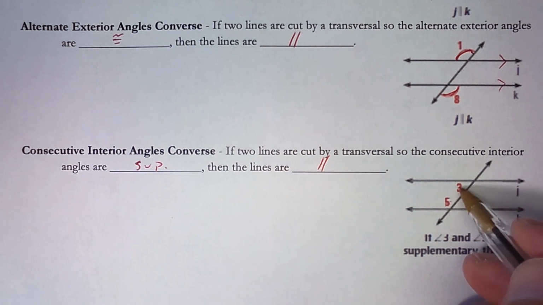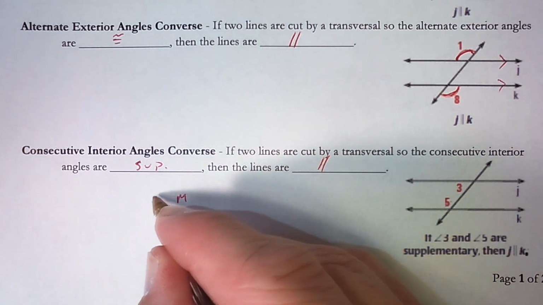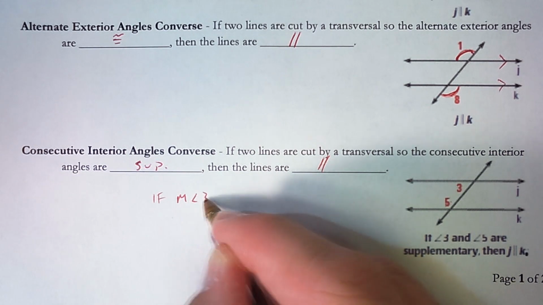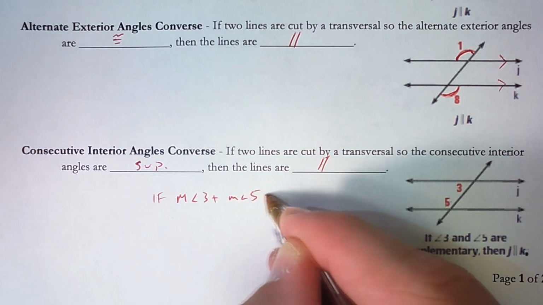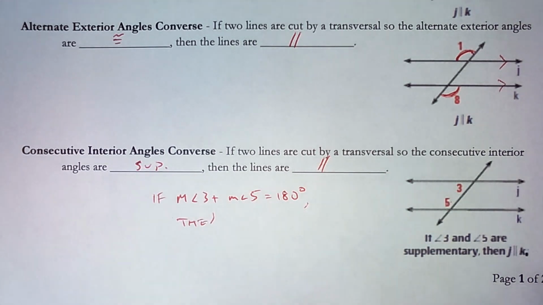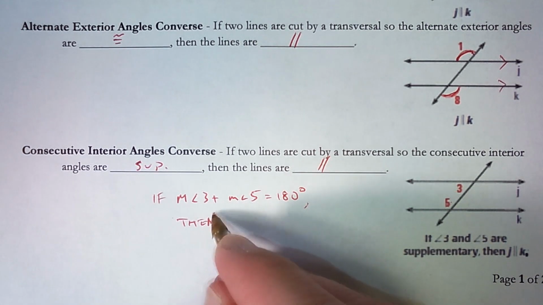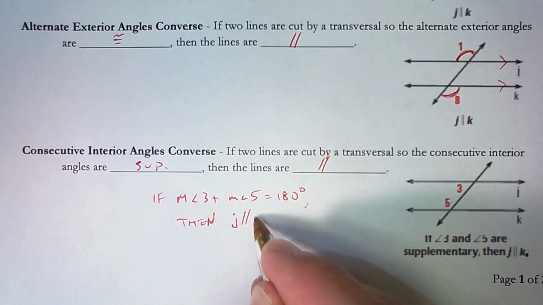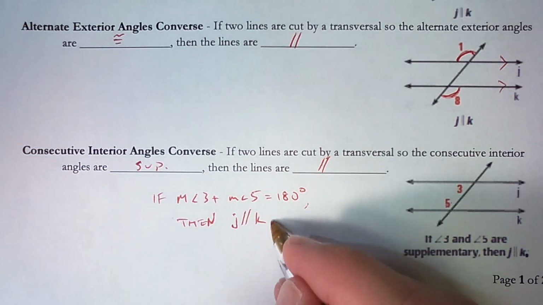So the measure of angles 3 and 5 here. If the measure of angle 3 plus the measure of angle 5 is 180 degrees, then line J is parallel to line K.